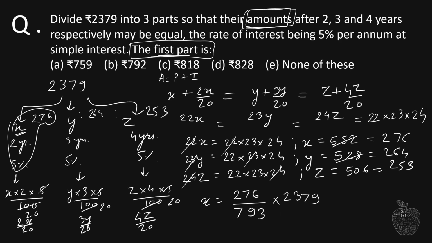Upon calculation, 793 ones are 793 and 793 threes are 2379, so we get 276 into 3, and I have already calculated this value. This comes out to be 828, and this is our required answer. So option D here is the correct one.